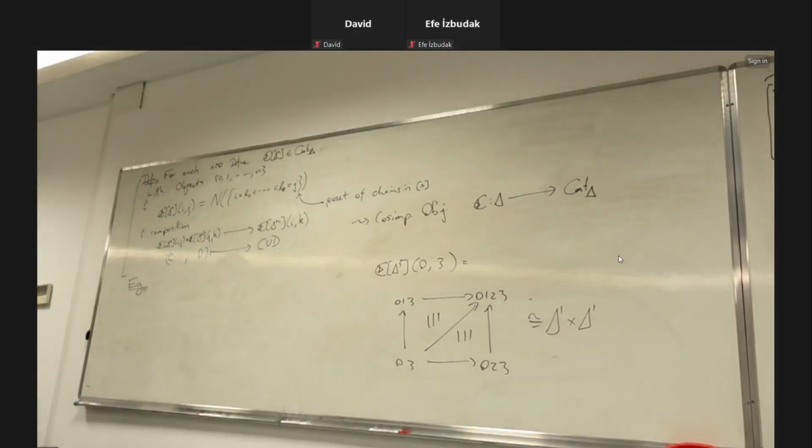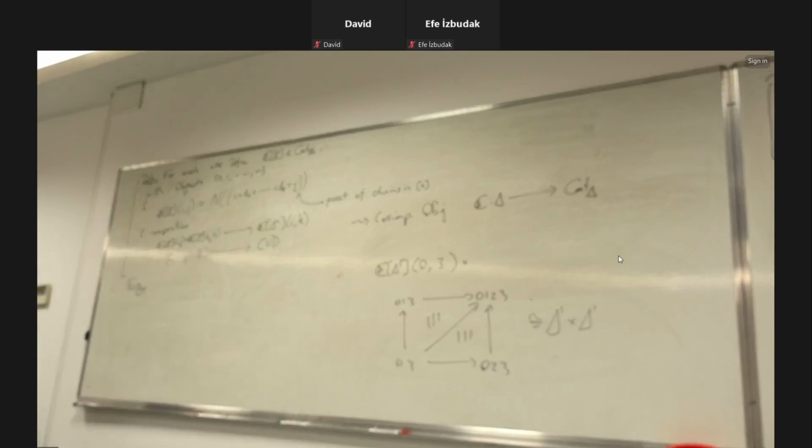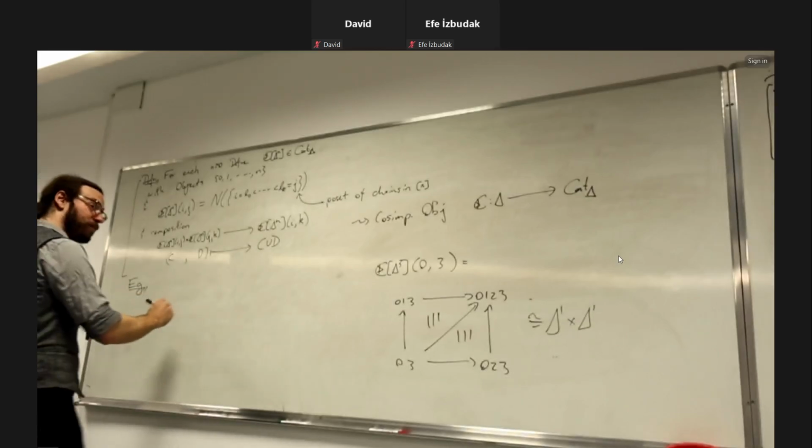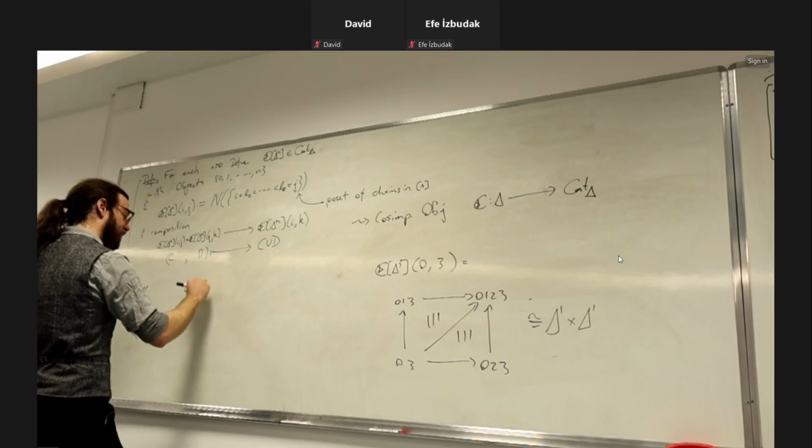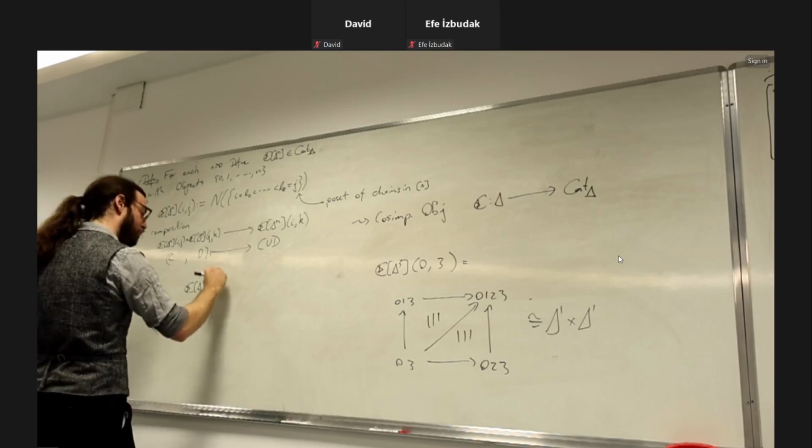And more generally, your mapping spaces are going to look like cubes just because of the way that this has been set up. What does the composition look like? Well, this will be, let's take 0, 1.